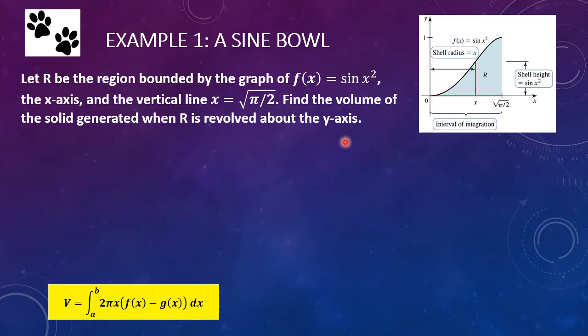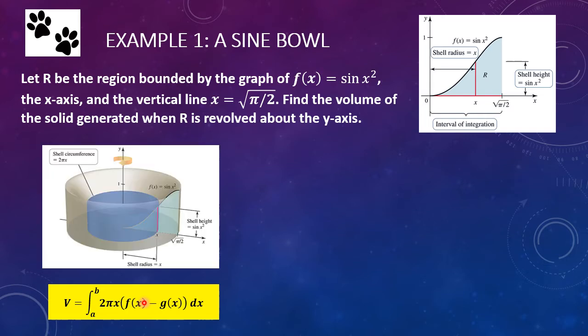So the general formula is 2 pi x times the difference between f of x and g of x dx. In this problem, we do not have a g of x because it's between f of x and the x-axis, so we're just going to have 2 pi x f of x dx. If you'd like to see what this figure would look like, it's here. Again, if you haven't hit pause yet, hit pause and see if you can set up the original equation.